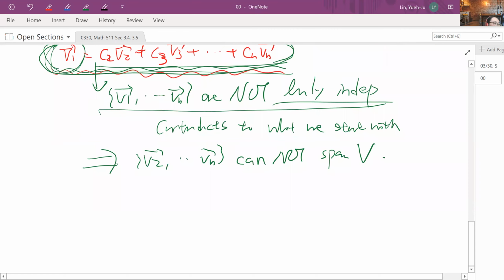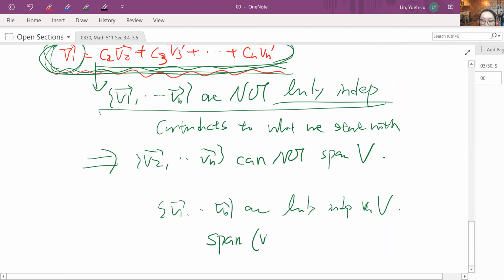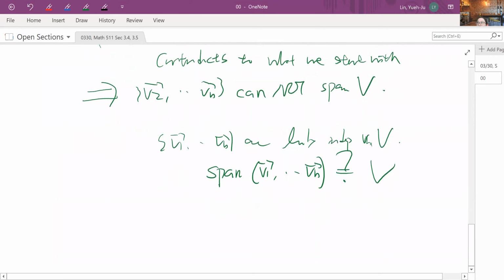In this number 20, they only tell you V1 to Vn are linearly independent in V. But they didn't tell you at all whether the span of these vectors is V or not. For example, in R4, I could say I have 3 independent vectors.